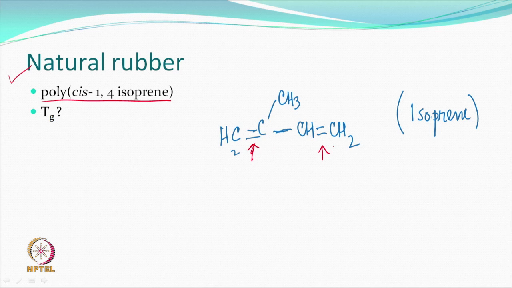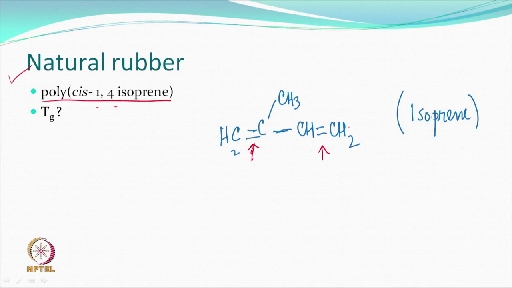So, these double bonds obviously make sure that you can make an addition polymer, but also the polymer can be generated in many ways. One of the ways is 1,4 linkages, where the first carbon and fourth carbon are linked.